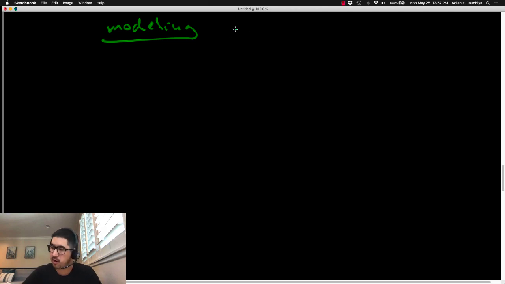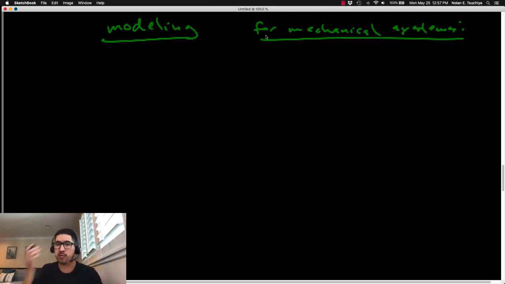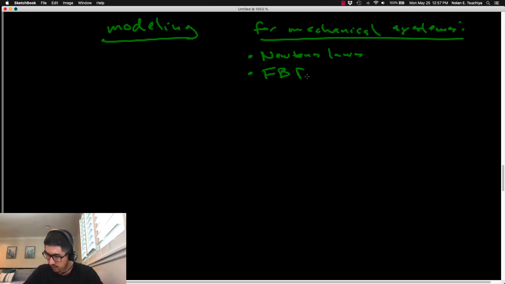And in order to model mechanical systems, one way to generate a model for mechanical systems is to use things like Newton's law. Newton's law, we're going to use Newton's second law exclusively. We're going to use force analysis. So we're going to do a lot of free body diagrams. These are the tools that you're going to use to model mechanical systems.